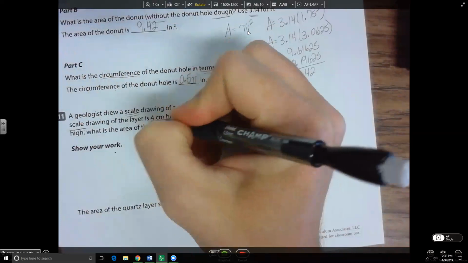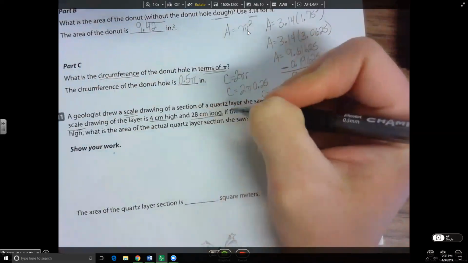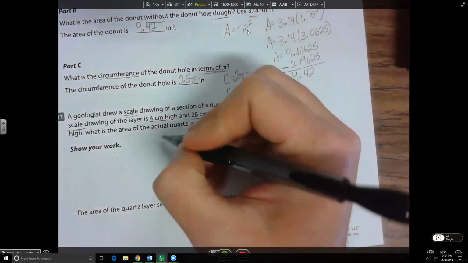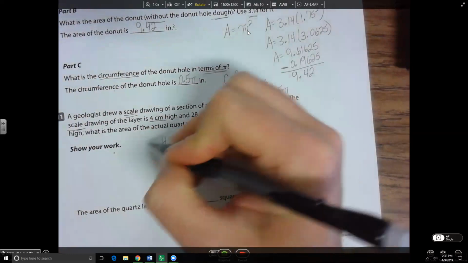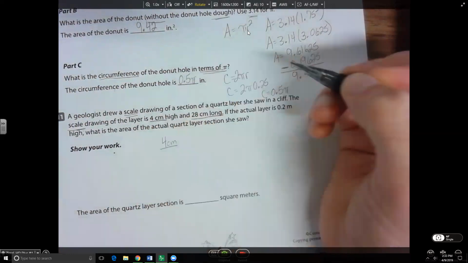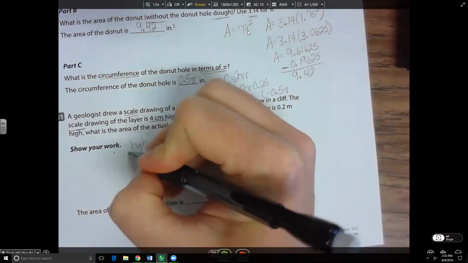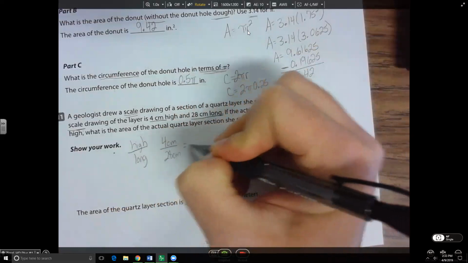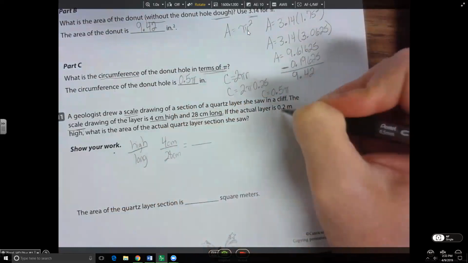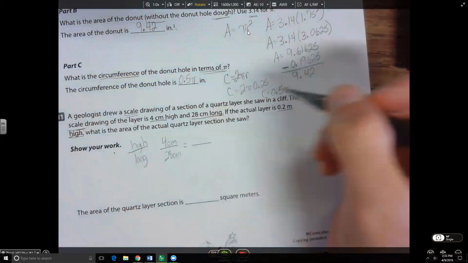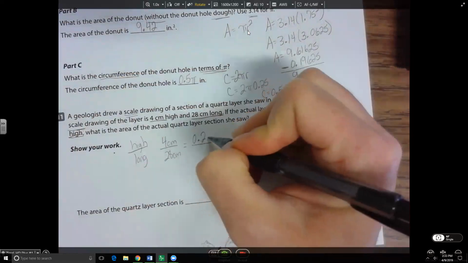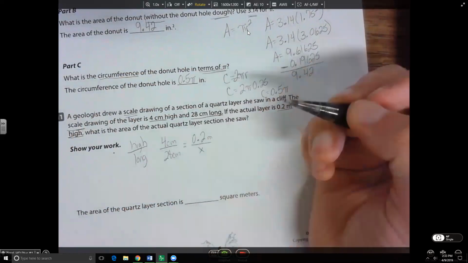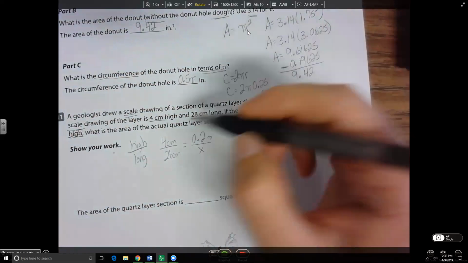Okay, so the scale is 4 centimeters to 28 centimeters. So if I got 4 centimeters high, I'm doing how high it is to how long it is, to 28 centimeters long. If the actual layer is 2/10 meters high, so 2/10 would go on top. Okay, I'm looking for the actual length of the quartz layer.